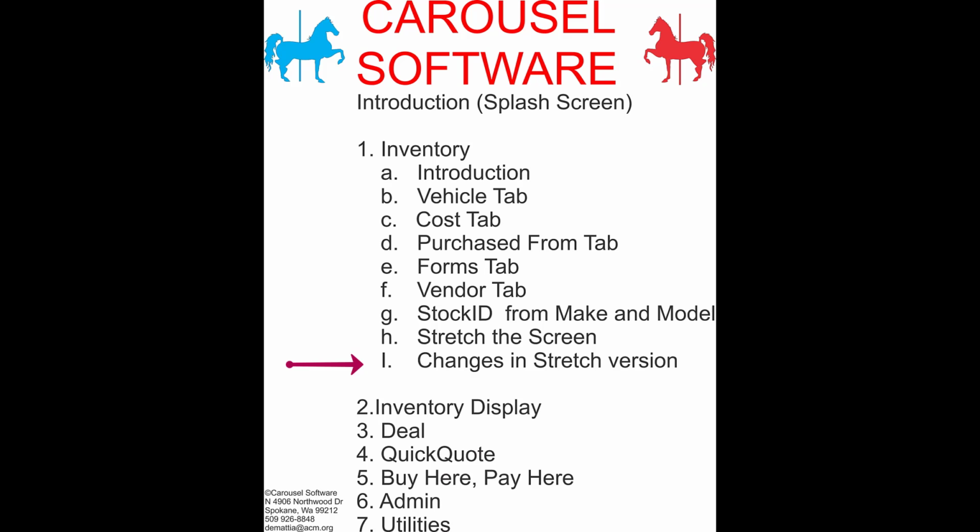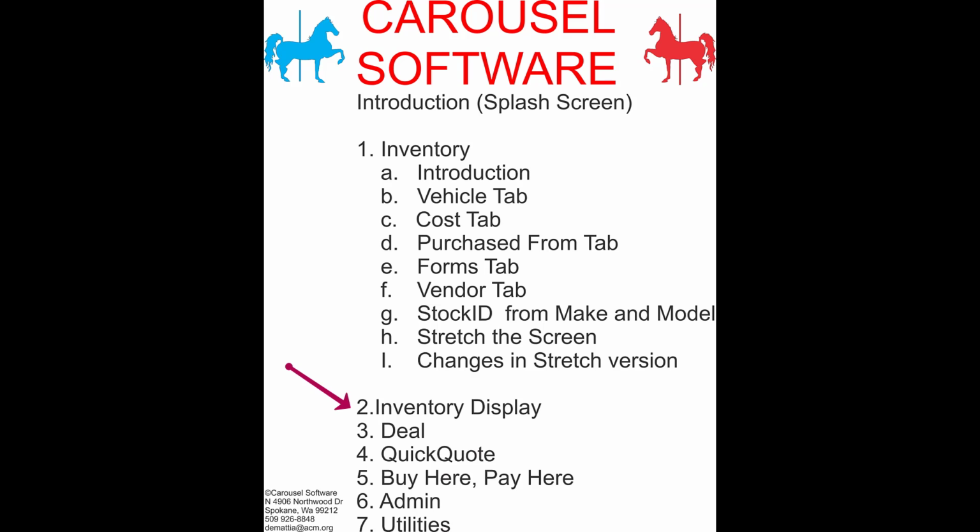For a while, I will support both the old and the new inventory programs. The splash screen will be modified to let you select which one you want to use. Eventually, the old one will go away. Over time, I will also be making this modification of stretching the screen in the deal program, the admin program, and probably the self-finance program.